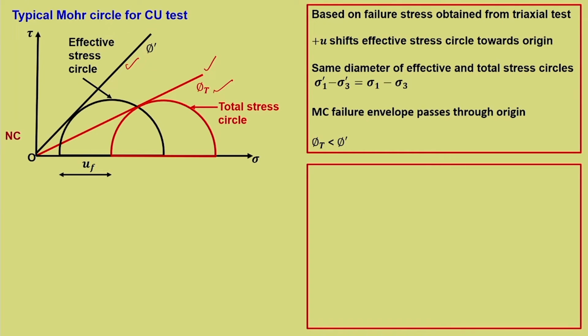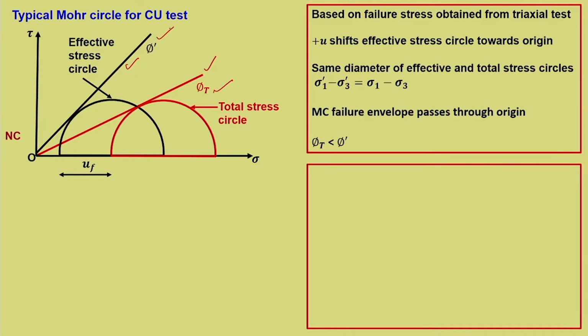Now, let us try to understand whether phi t, that is the frictional angle corresponding to undrained condition, is really important or relevant. In fact, it is not relevant. The reason is that the Mohr Coulomb failure envelope is always defined in terms of effective stress.